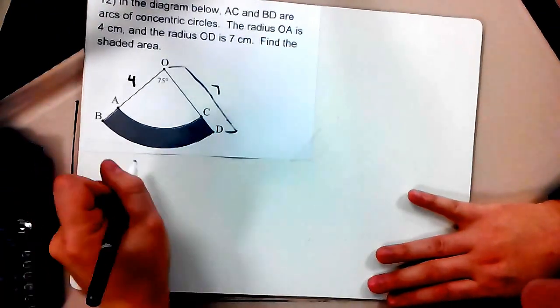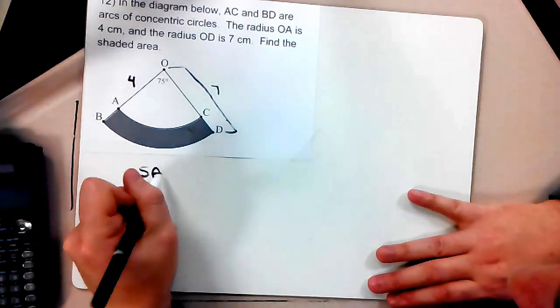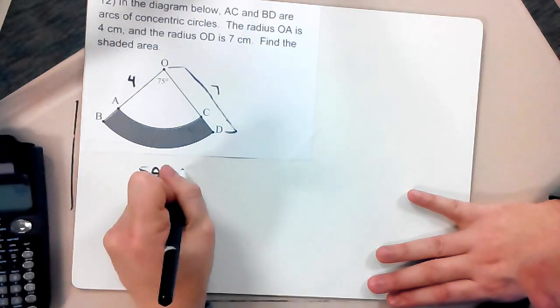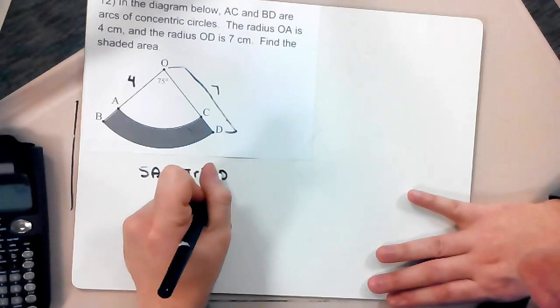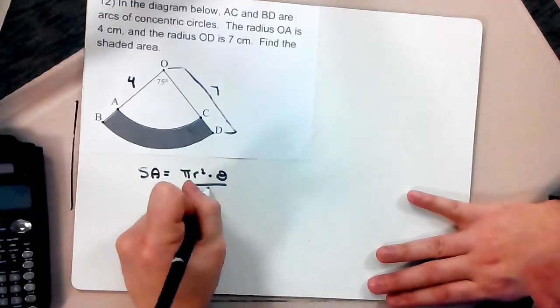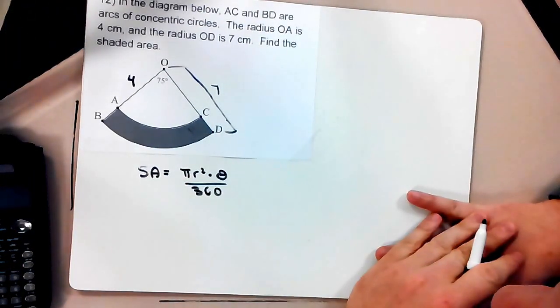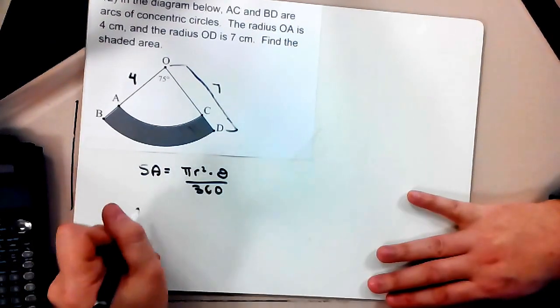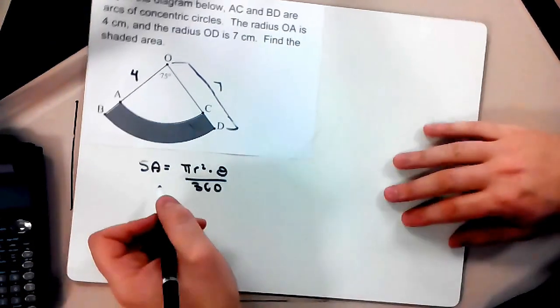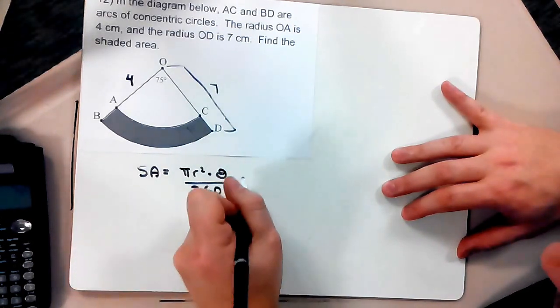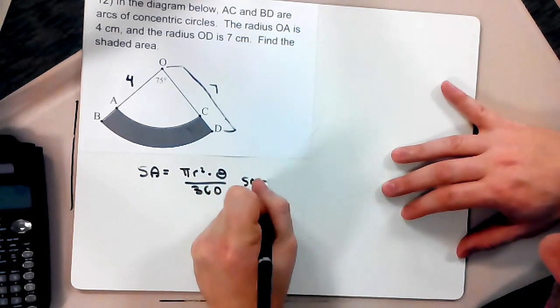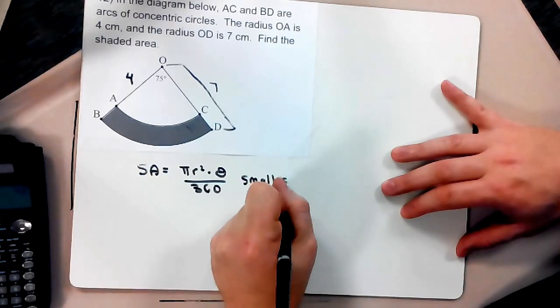How did we do that? So we said sector area equals pi r squared times theta over 360. That's what we used. So I'm going to do that. First, just like we did with the last example, I'm going to do the small sector.